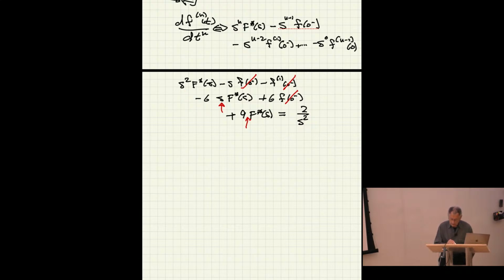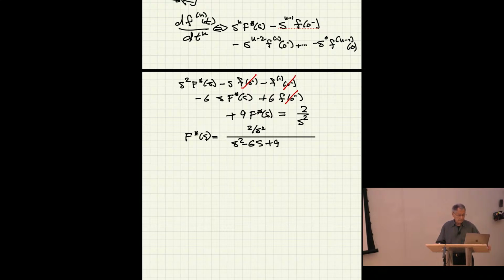Okay, so let's undo all that. And now f of s appears all over here, solve for it. So if we do the little bit of tiny algebra, I get the following. I get 2 over s squared, that's this term on the right, over s squared minus 6s plus 9.